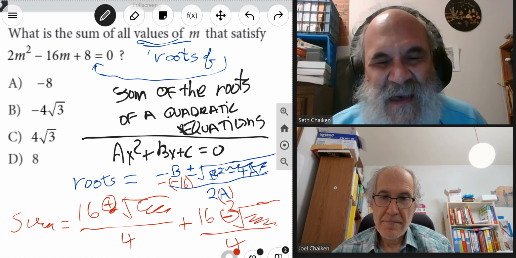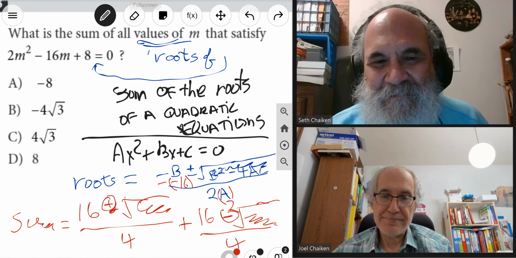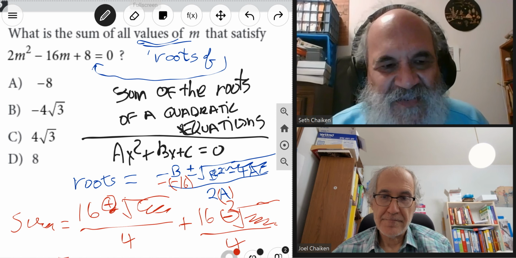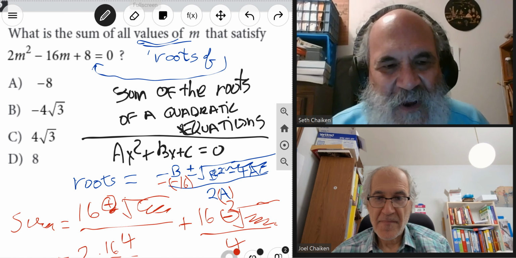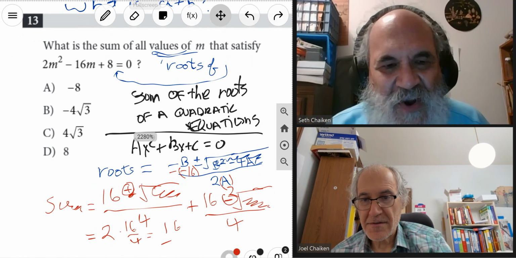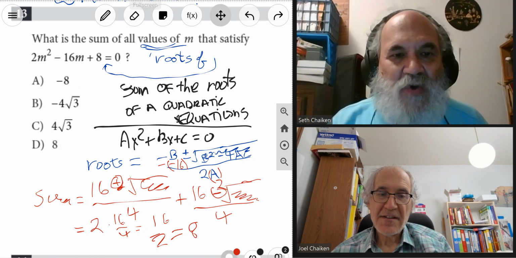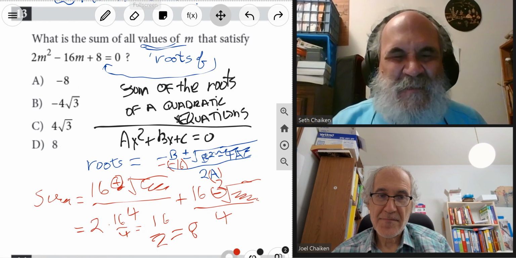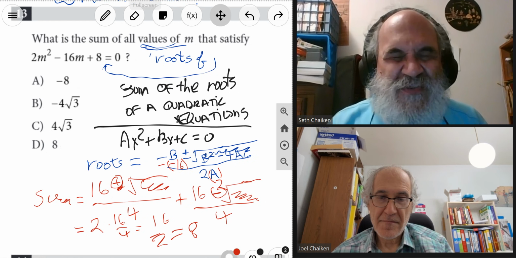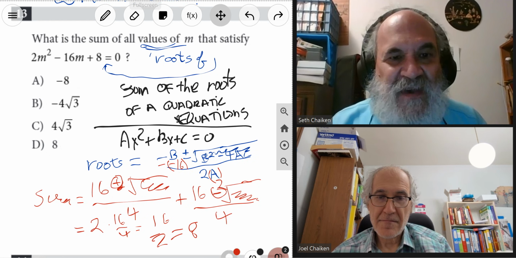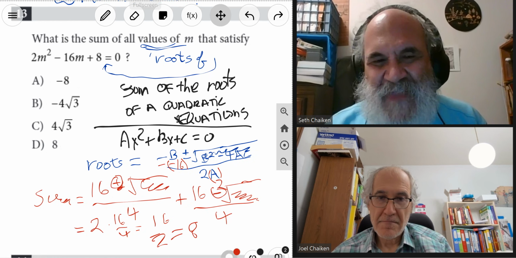When you add them, the two square roots cancel. So what you get is 2 times 16 over 4, which is 16 over 2, which is 8.